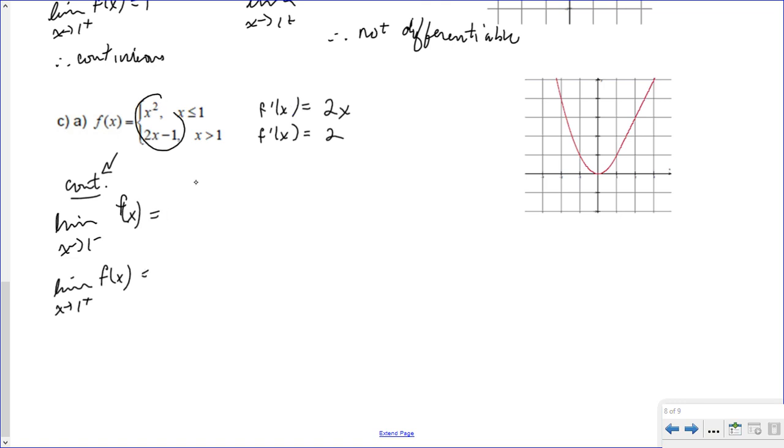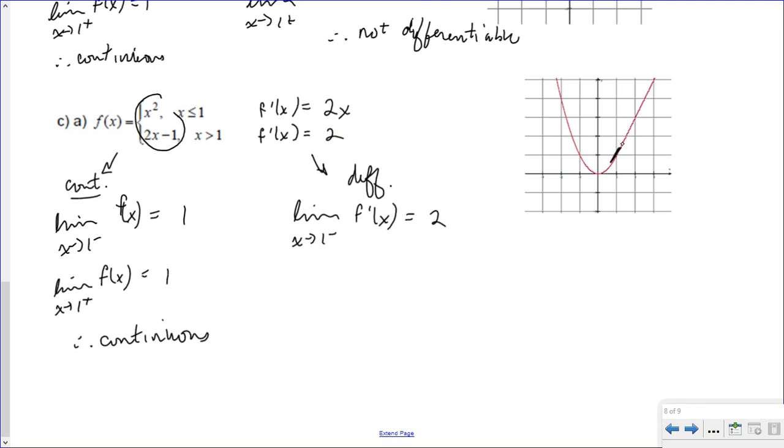That would be 1 and 1, so it is continuous. Now for differentiability, I do these limits. This is the limit as x approaches 1 from the left of my derivative function. I'll use that function here. That would be 2, so the slope of my tangent is 2. And then the limit of my derivative function from the right is also 2. So therefore this is differentiable, and that tangent is there.